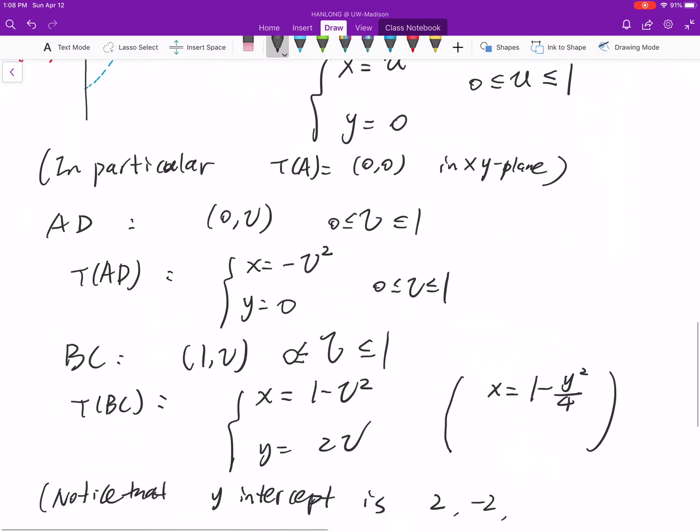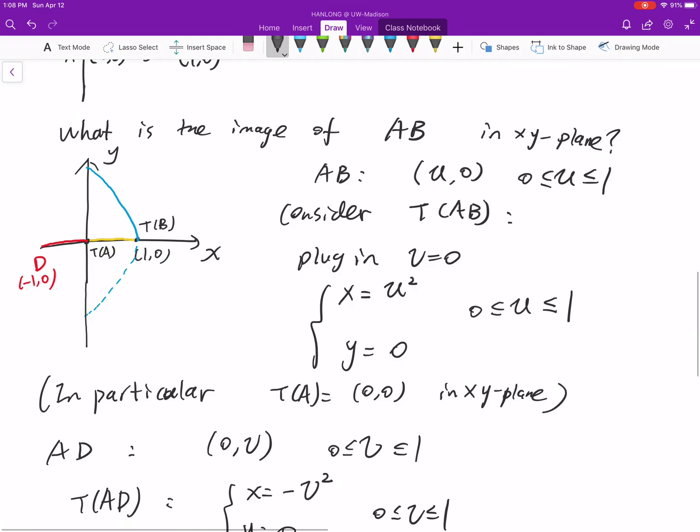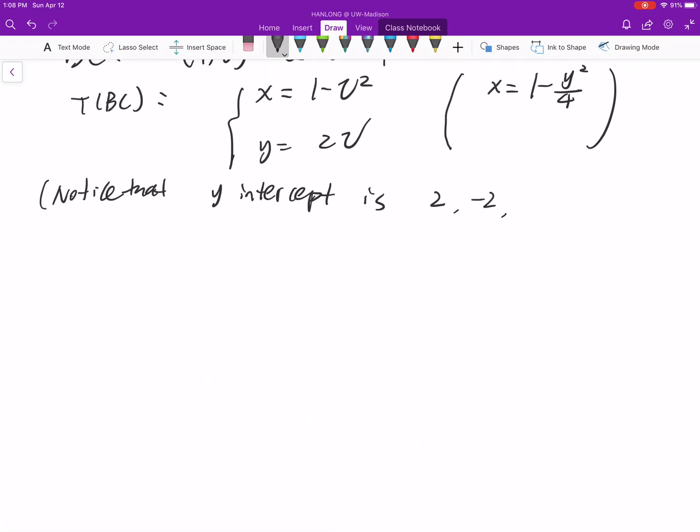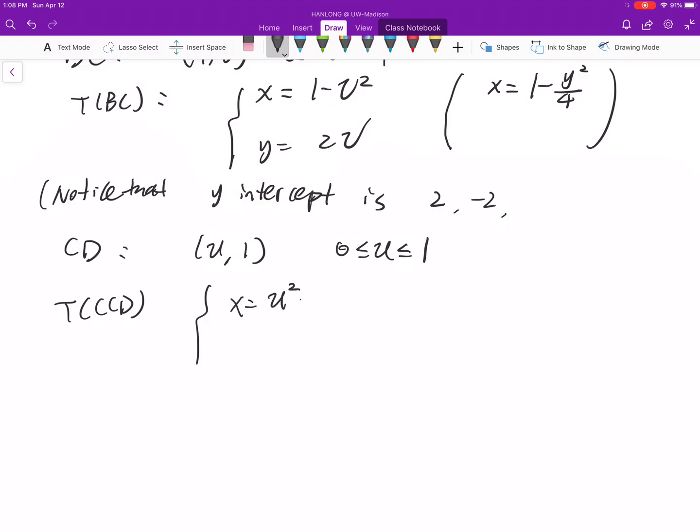Okay, then what is the remaining one, CD? CD is parameterized by (u,1), and u is between 0 and 1, and T(CD) is x equals u squared minus 1, y equals 2u. So x is y squared divided by 4 minus 1.